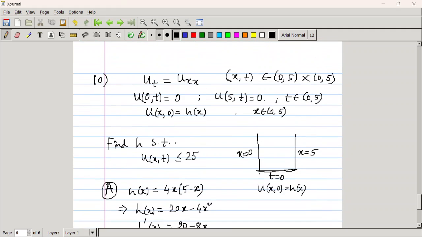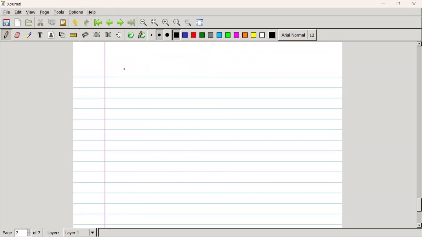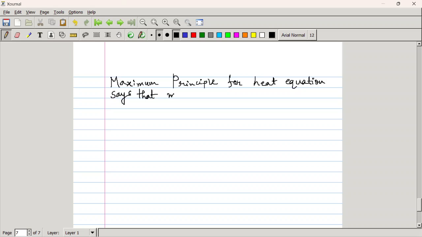Now, what does the maximum principle for the heat equation say? It says that the maximum value of the solution u attains at the boundaries only.